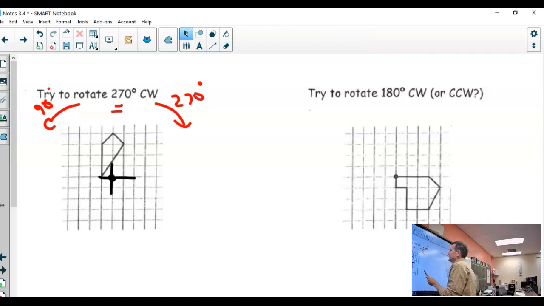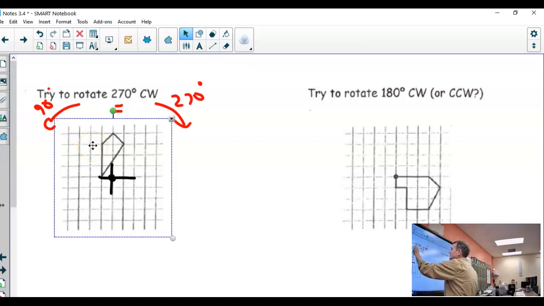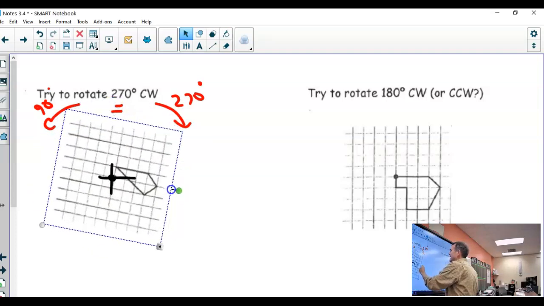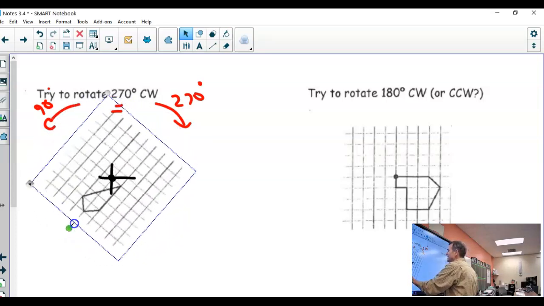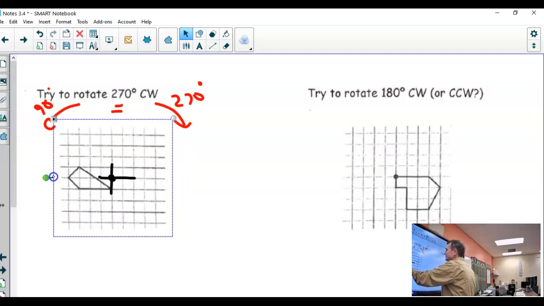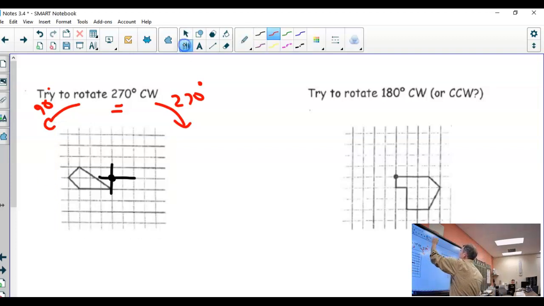I'm going to take this figure and rotate it 270 degrees. That's 90, 180, 270. Or as you can see, I could have just gone 90 degrees the other way. And we are going to look and see where this thing ended up.